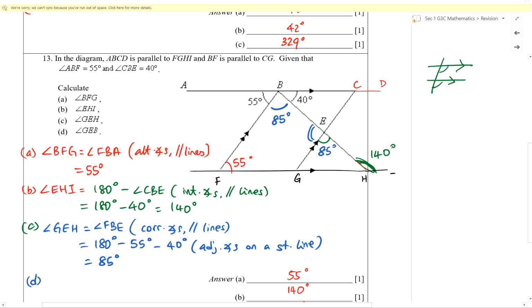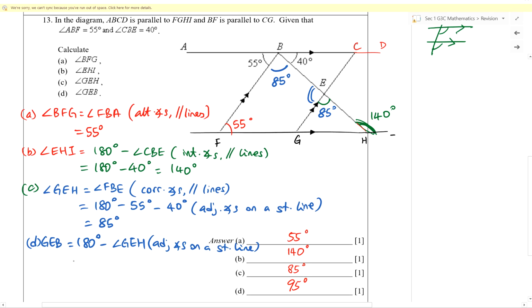So part D, GEB, 180 degrees minus this particular angle. Let's label it first, GEH. Reason, adjacent angles on a straight line. Okay, and then we have all the answers.